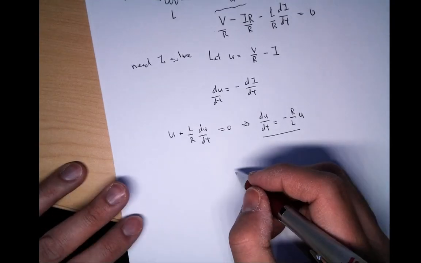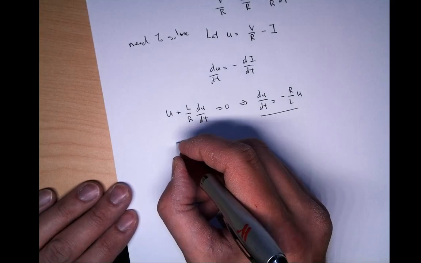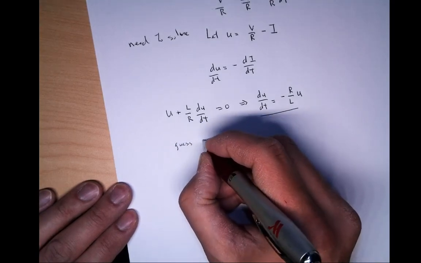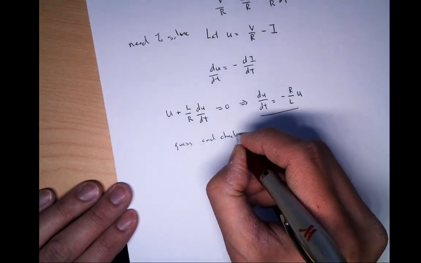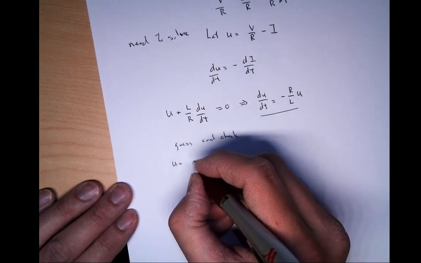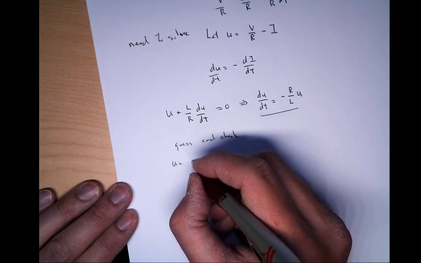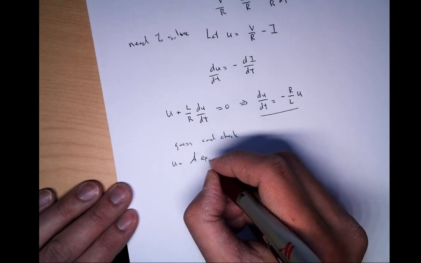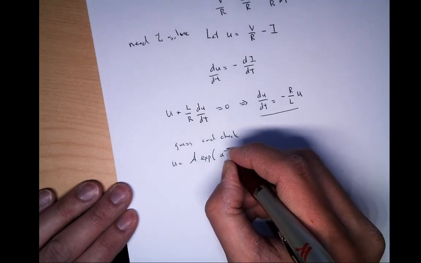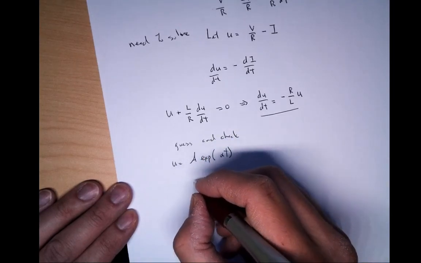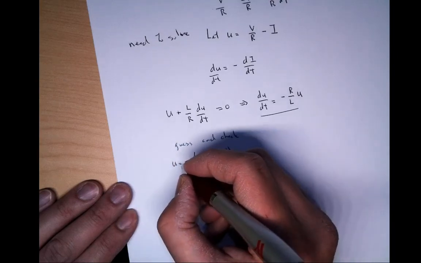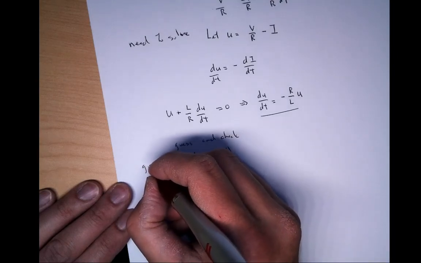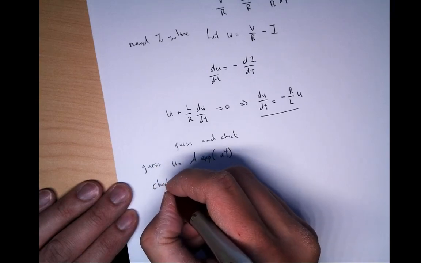You do the guess and check thing, right? So guess and check. u is equal to some amplitude A exponent alpha t. And that's my guess.